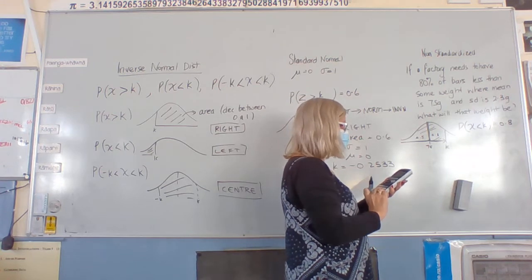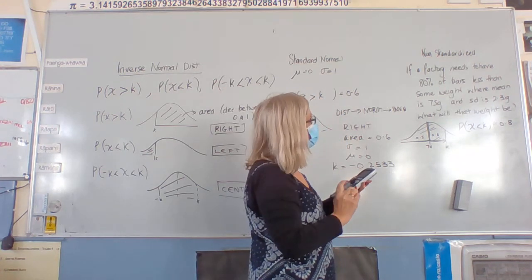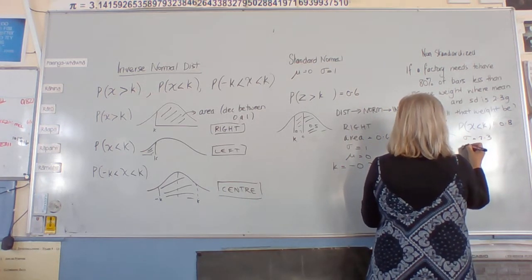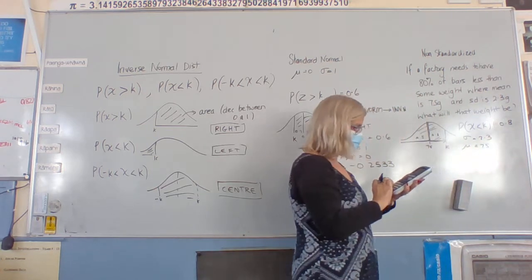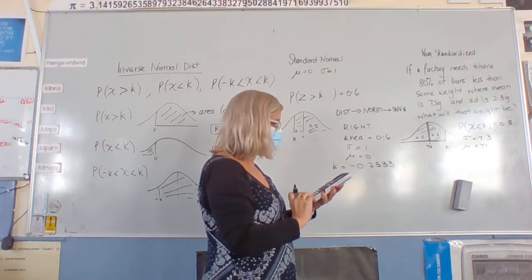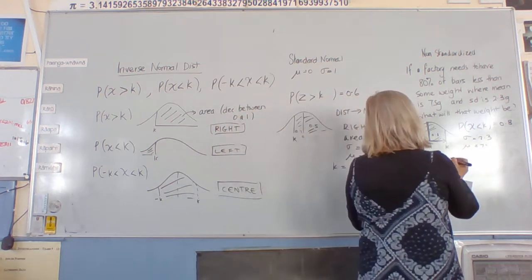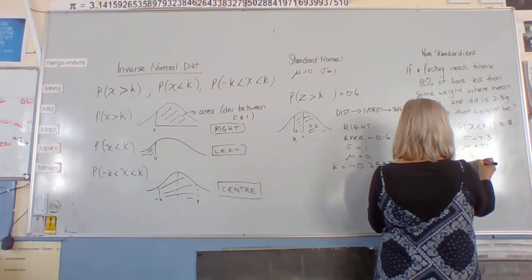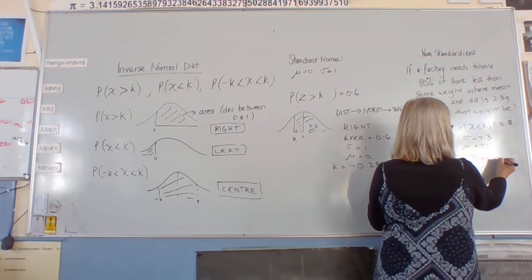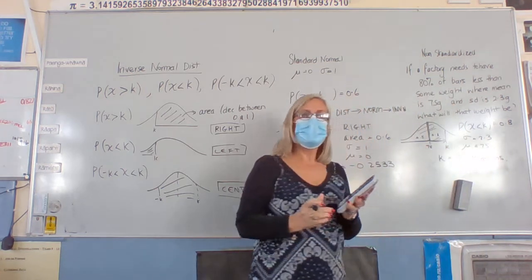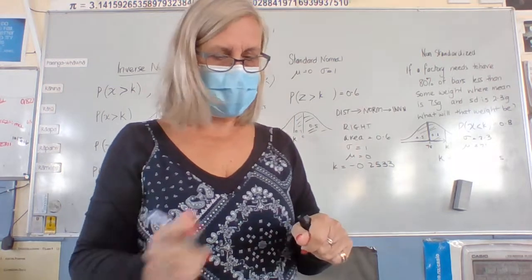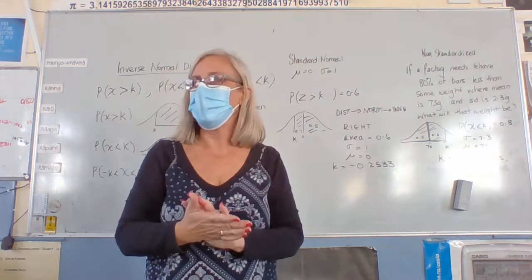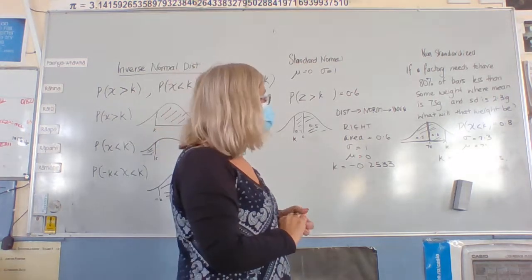We've got 0.8 as our area, a standard deviation of 2.3 and a mean of 75. And it says that K must be equal to 76.94 grams. So that value there is 76.94, which they probably round up to 77 in the real world. But we've got to make sure that we give enough accuracy to show we didn't guess it, we got it on our calculator. All right? Any questions?